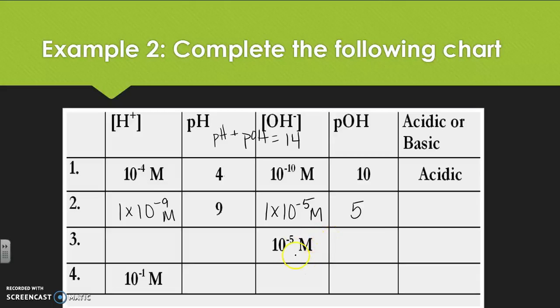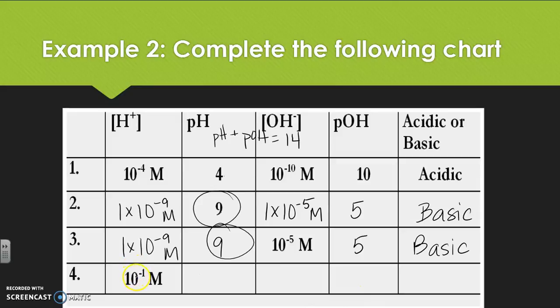That's easy, right? Okay, if my OH concentration is 1 times 10 to the negative 5th, then my pOH is 5. That means my pH is 9, which means that this is 1 times 10 to the negative 9th. Pretty easy, right? Both of these have a pH of 9, which is greater than 7, so they are both basic.